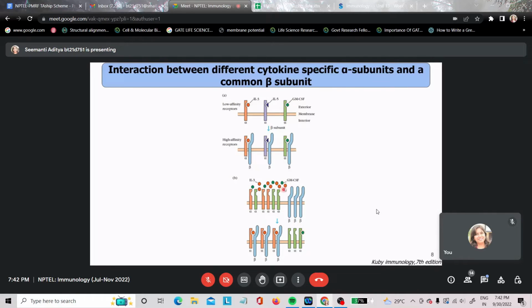So we have a limited number of beta subunits. So beta subunits will go and bind to the alpha subunits of these IL-3 receptors, and there will be no beta subunits left for binding here. So the signaling will not be mediated, because the signaling is mediated by the beta subunit. Alpha subunit only mediates the interaction with the ligand. Okay.